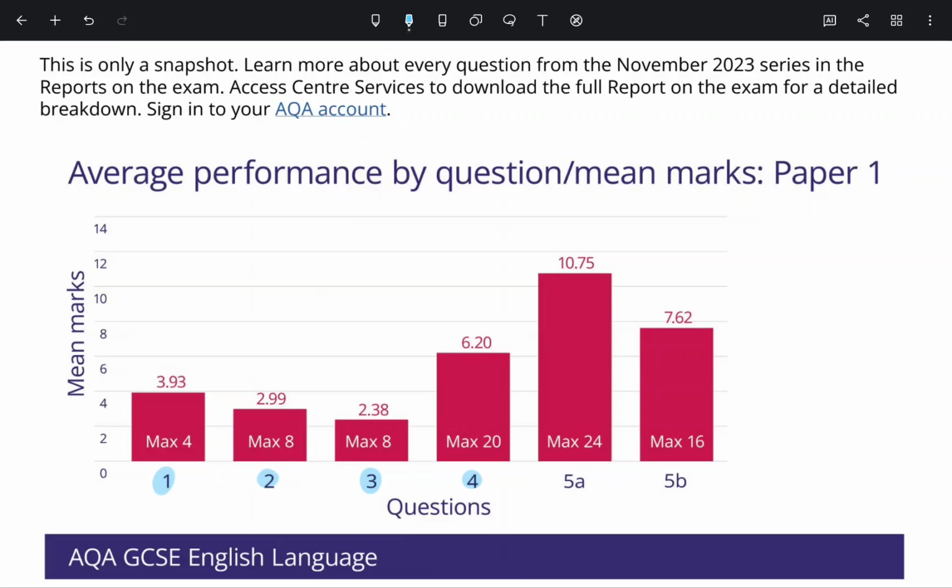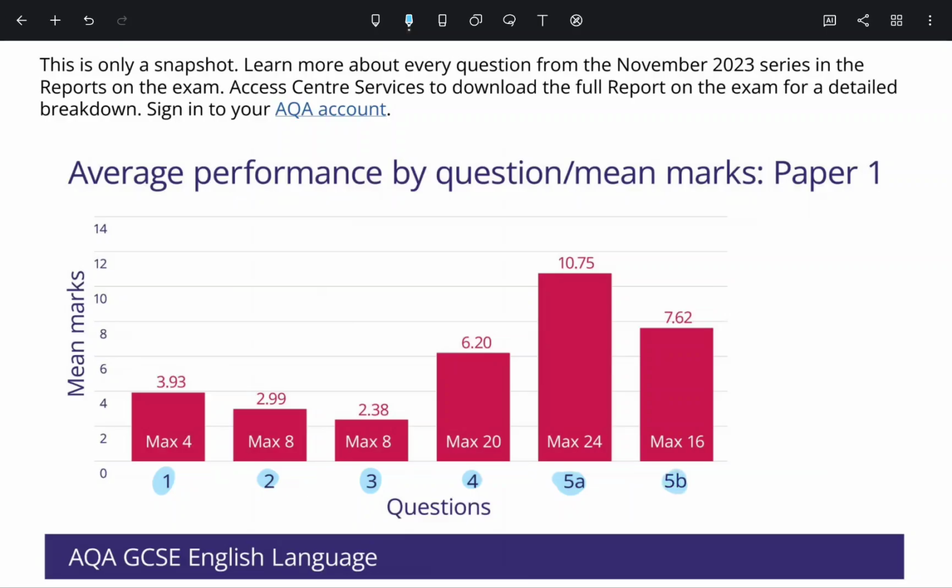And question 5, your creative writing, writing a narrative, writing a description. What was the average? Part A, 5A, is your 24 marks, your AO5, and 5B is your AO6. The average for AO5 was 10.75, so that's basically 10.75 out of 24.